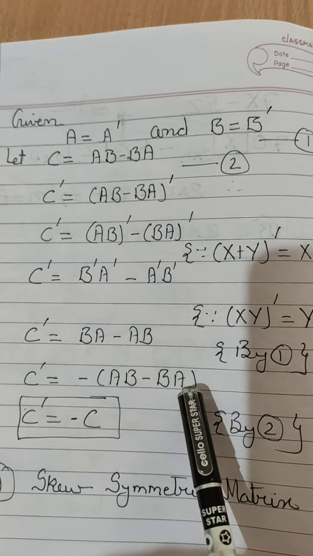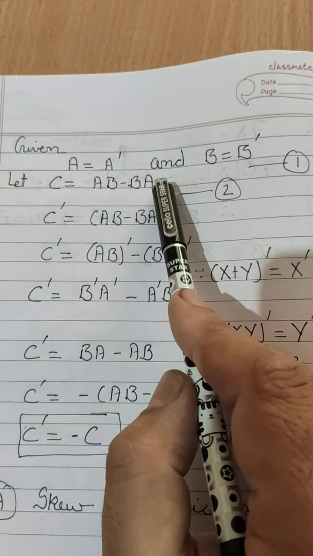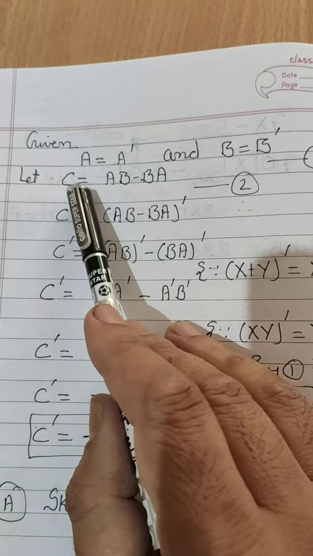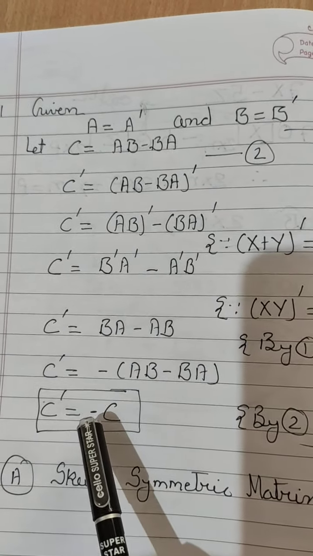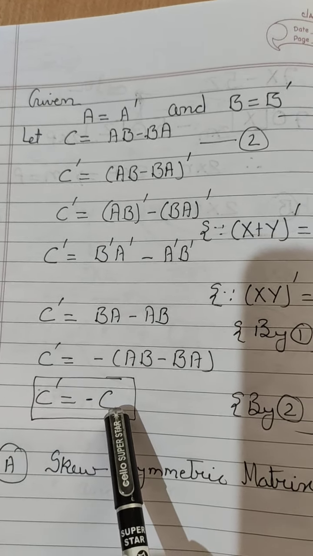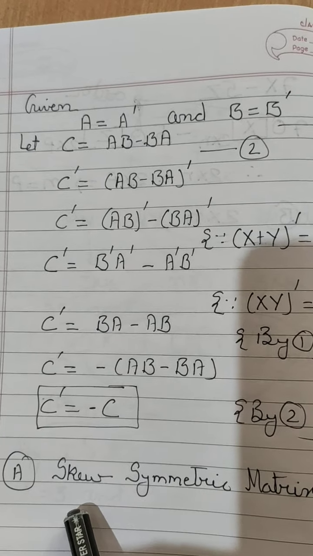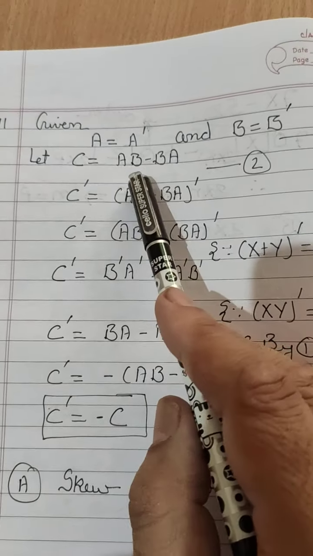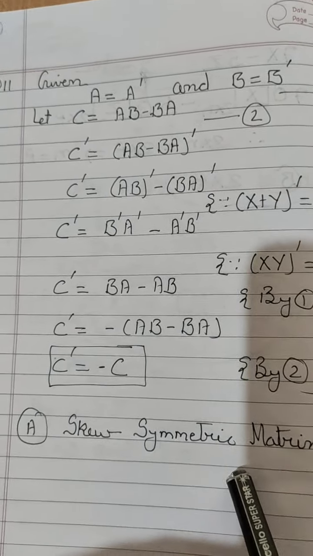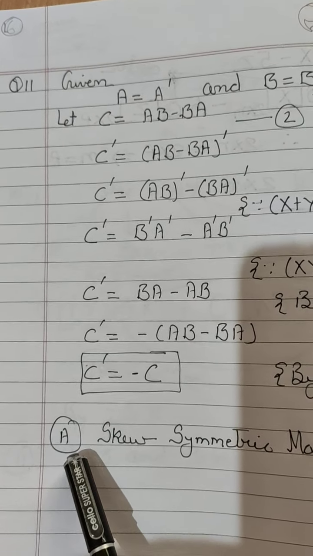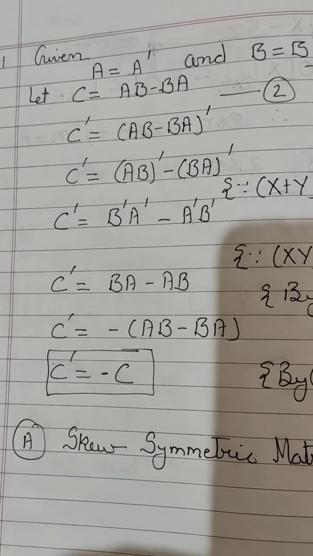So we are getting minus of AB minus BA. AB minus BA by equation second, it is the value of which matrix? C. So what relation have we got? C dash is equal to minus C. And what do we say to such type of matrix? Skew symmetric matrix. So AB minus BA is which type of matrix? Skew symmetric matrix. Which is the correct option? A. Our question is complete.